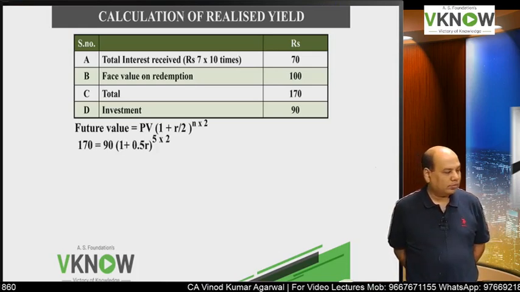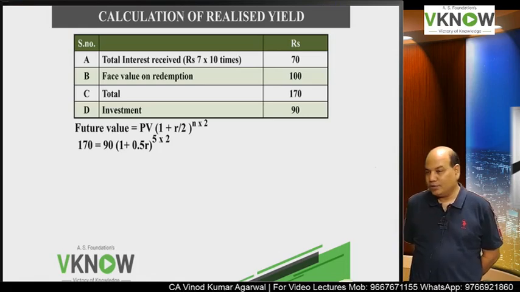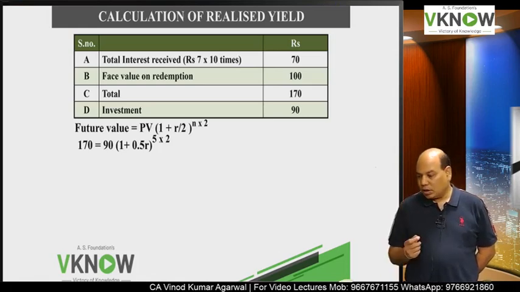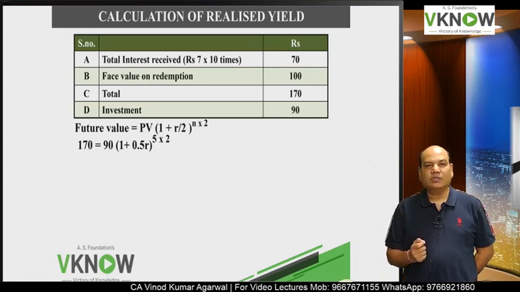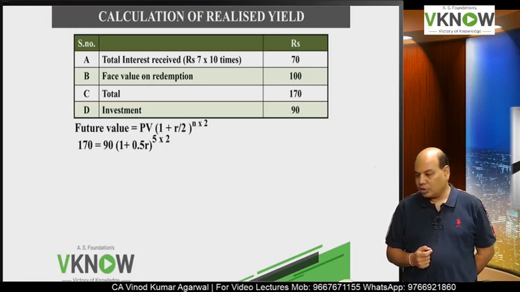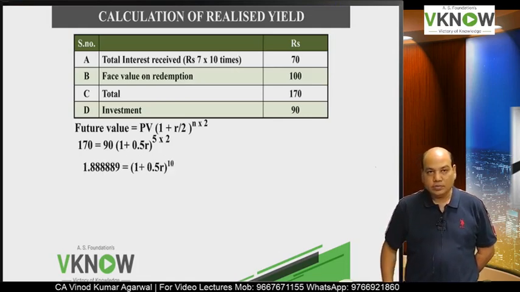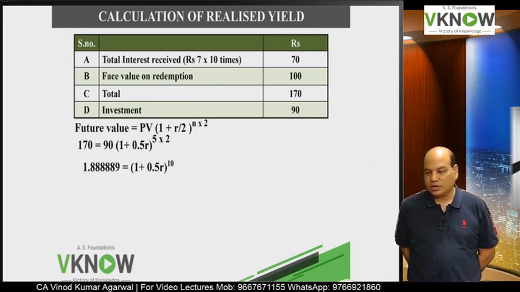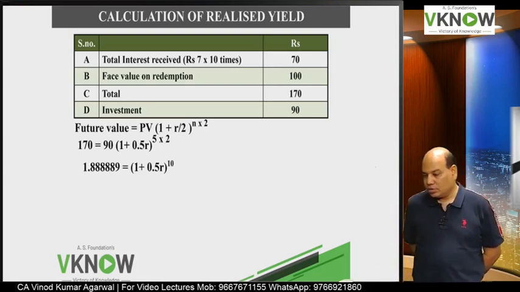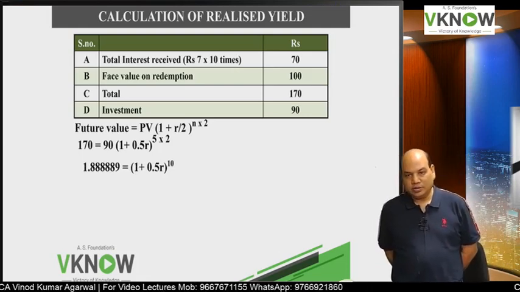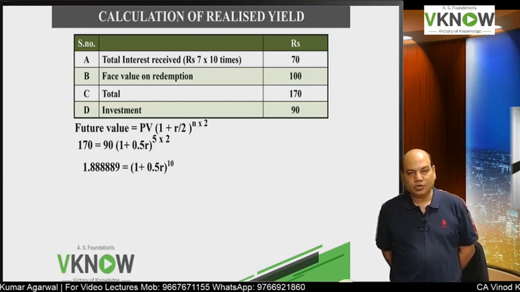170 equal to 90 into 1 plus r by 2, which means 0.5 r. Power will be 5 into 2, which means 10. So when you simplify, 170 by 90 is 1.88889, equal to 1 plus 0.5 r to the power 10.